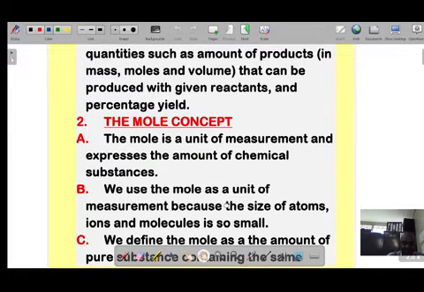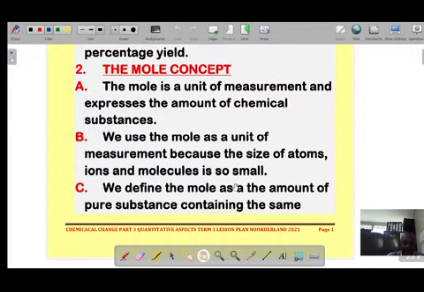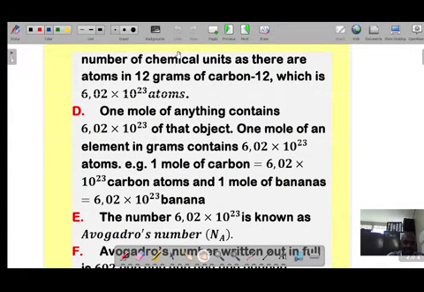We define the mole as the amount of pure substance containing the same number of chemical units as there are atoms in 12 grams of carbon-12, which is 6,02 times 10 to the power 23 atoms. Then 1 mole of anything contains 6,02 times 10 to the power 23 of that object.